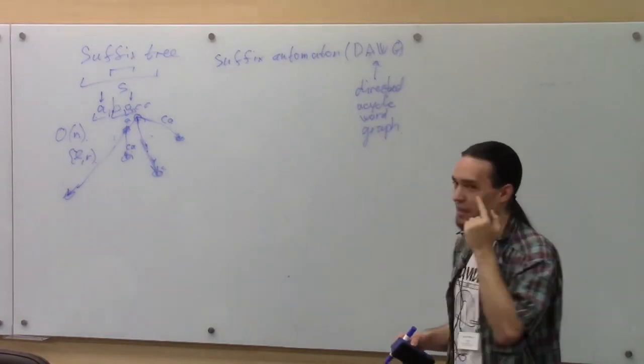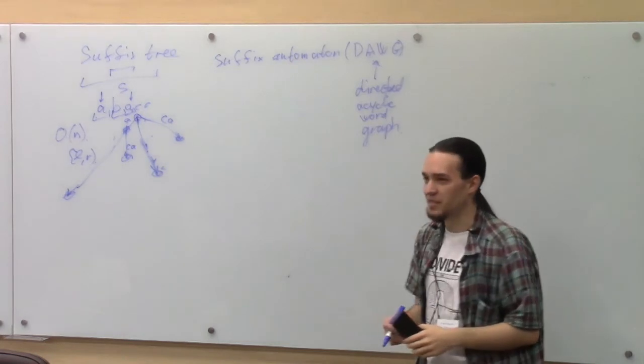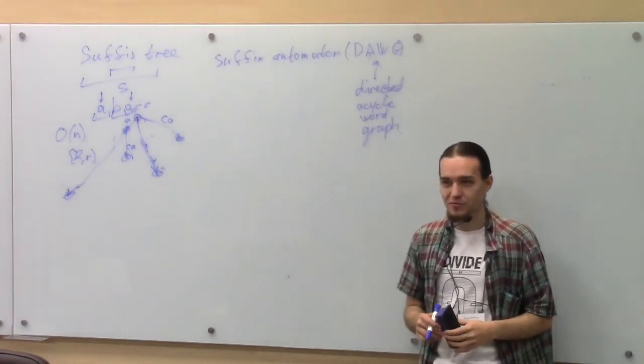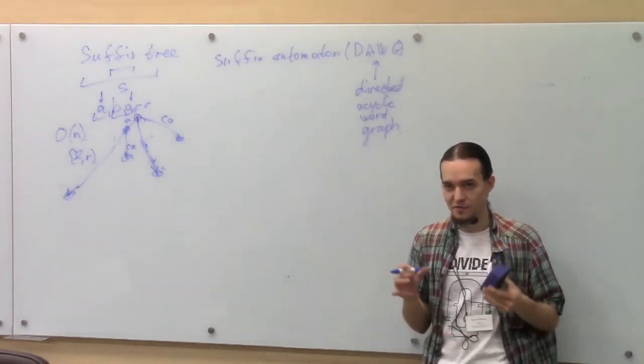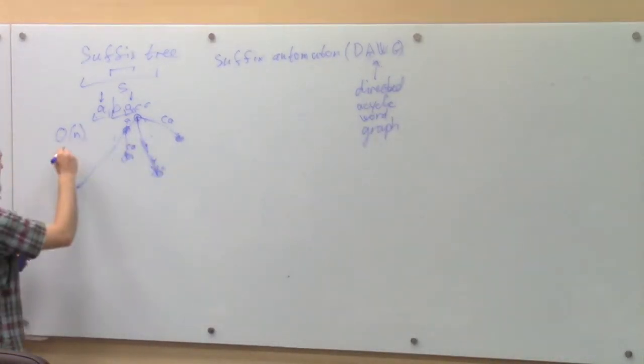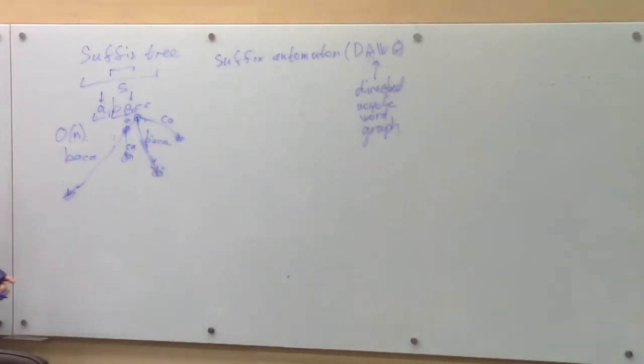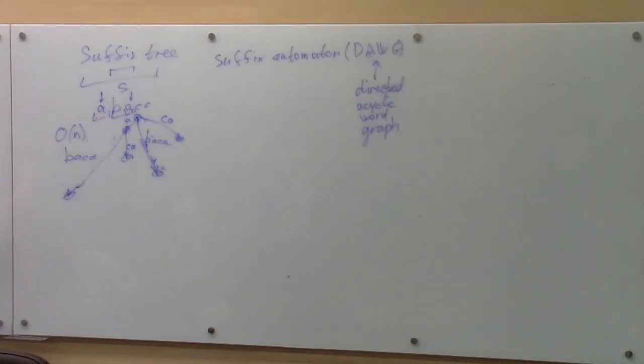So the idea behind the suffix automaton is that if you look at the suffix tree, we may try to compress it even further, because, well, let me return the strings here for a moment. Basically, assume that we are matching some substring.